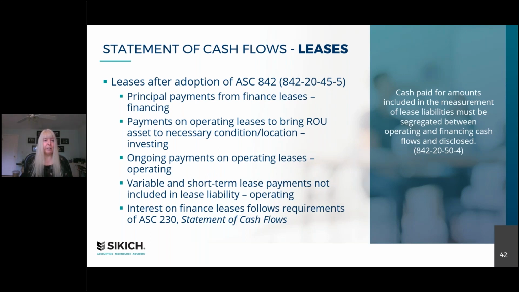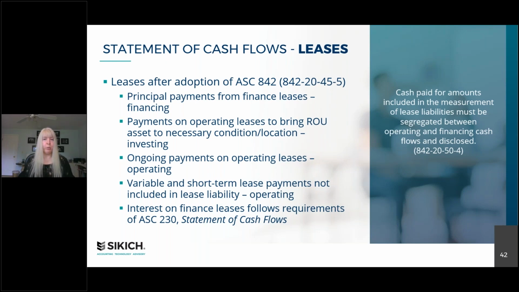Payments on operating leases that are necessary to bring the right of use asset to its necessary condition are investing. Ongoing payments on operating leases are operating. Your variable and short-term lease payments that aren't included in the lease liability are operating cash flows, and then interest on finance leases follows the requirements of ASC 230.